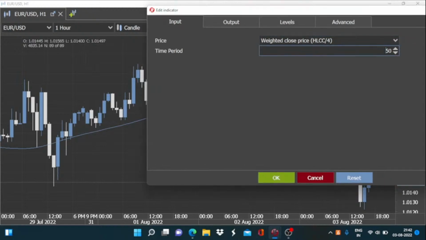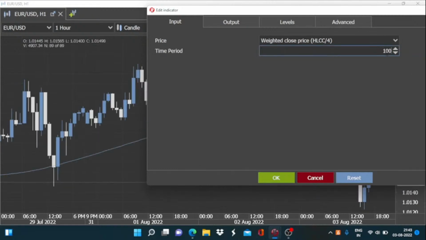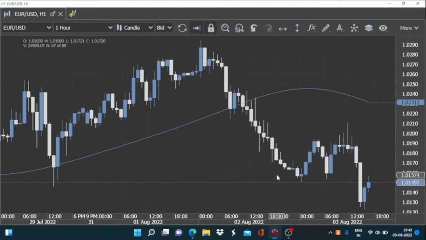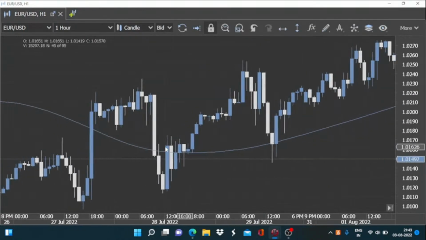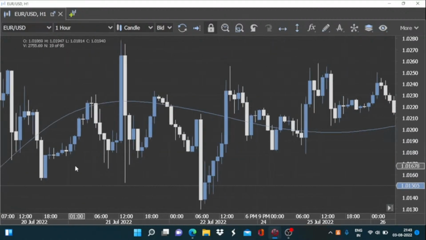Now varying this calculation period gives us very different type of formation for the plotting of the Butterworth filter. If I increase it to 100, you will see that there is going to be substantial lag, and the plotting is going to be a lot smoother.